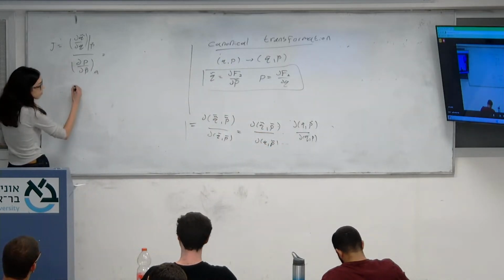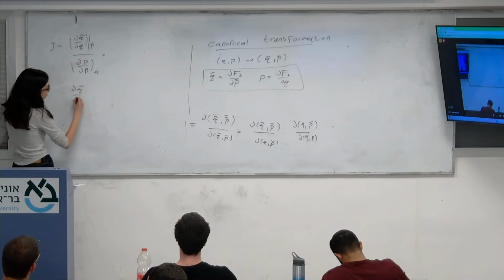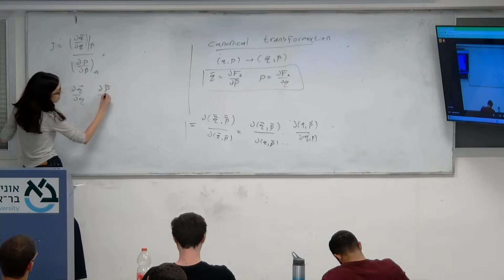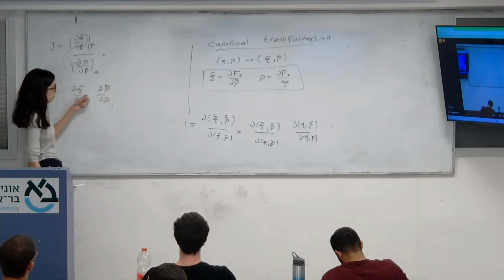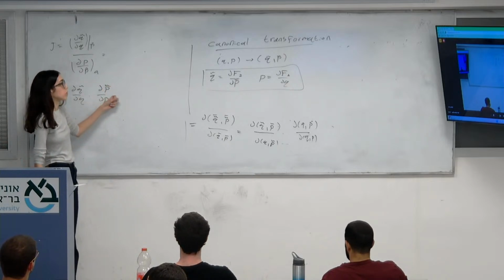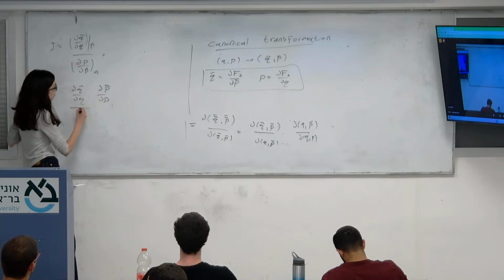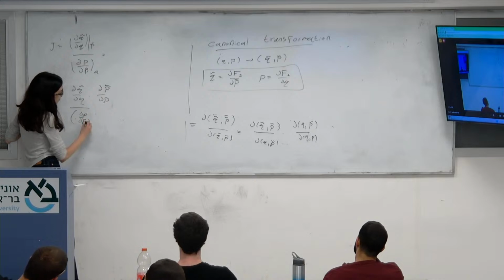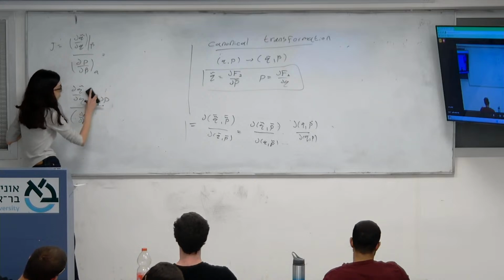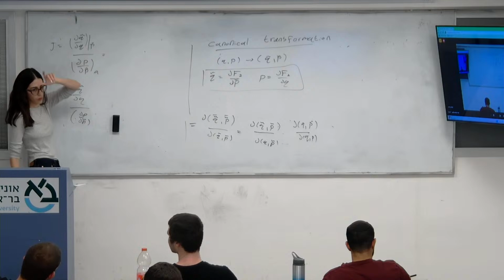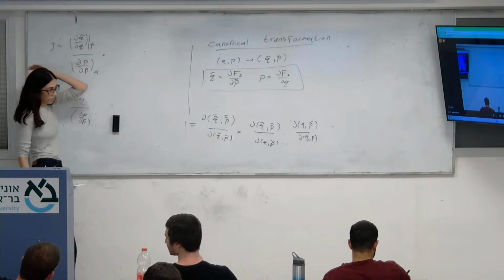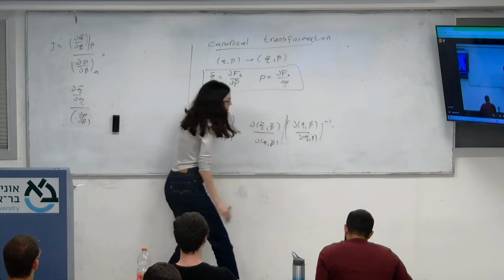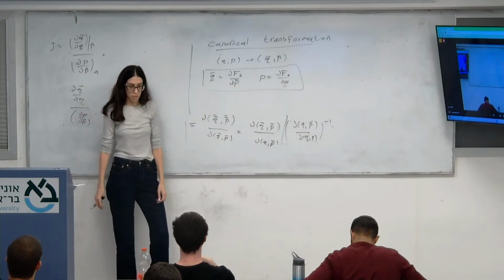So I have dq tilde dq and dp tilde dp, where I keep p constant here and q constant, and then I divided by dp tilde. I just took the one over.